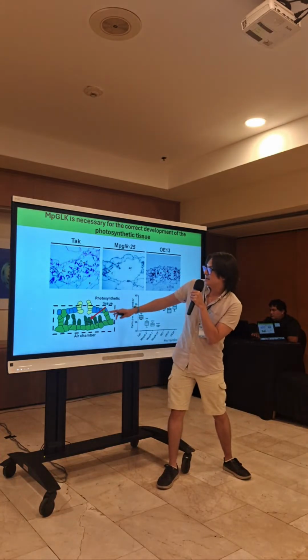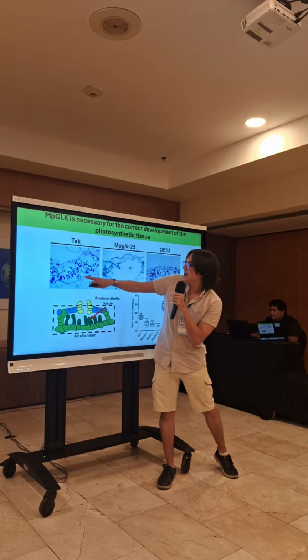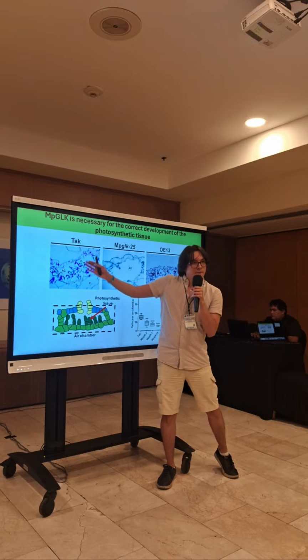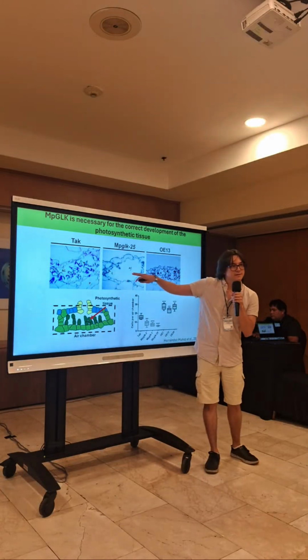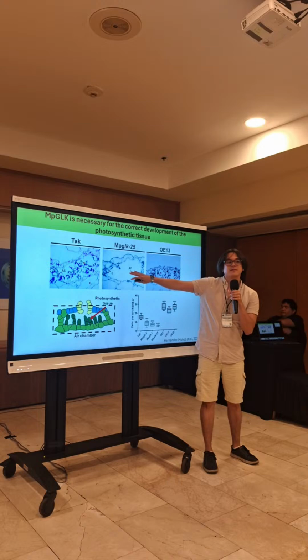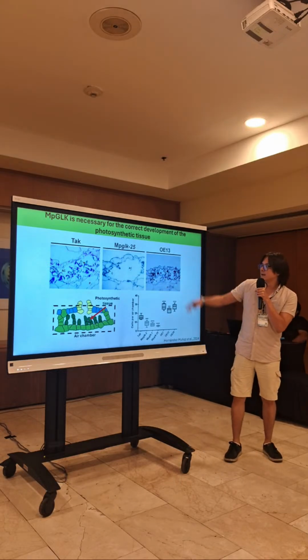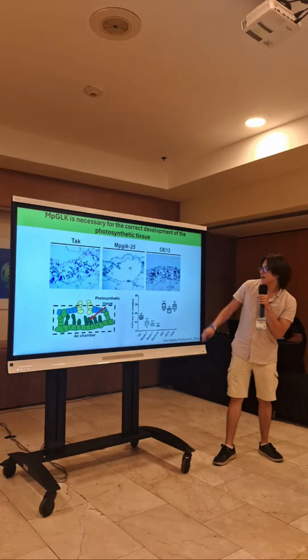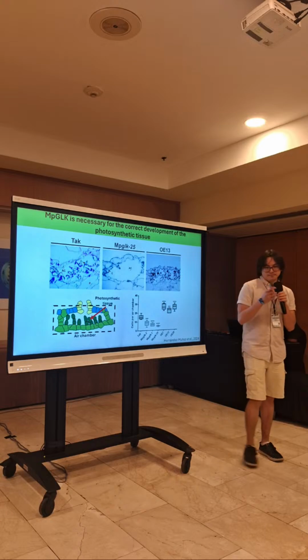And as you can see here, the wild-type air chambers have lots of photosynthetic cells, whereas the mutants are basically depleted of this cell population. And in contrast, the overexpressing lines have more cells in these air chambers.